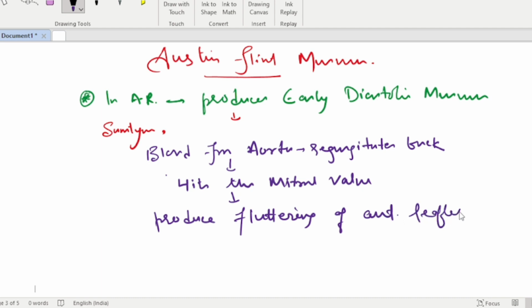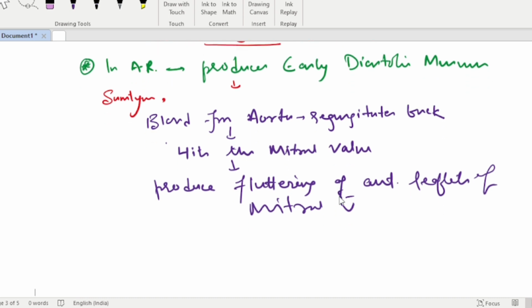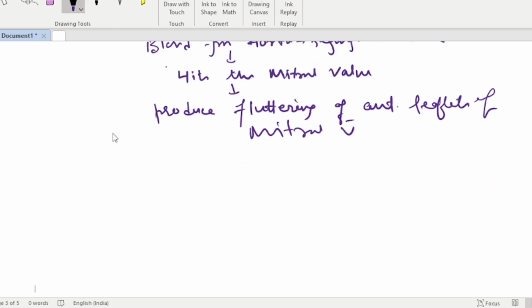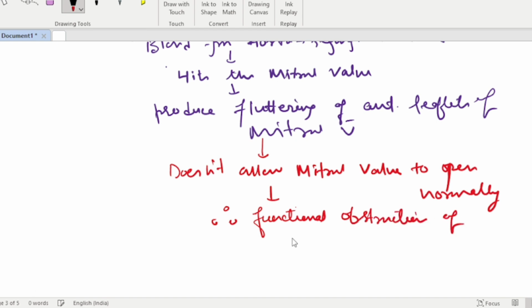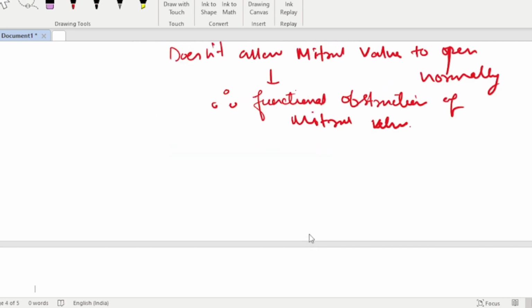Because of this fluttering, the mitral valve is not allowed to open normally, and therefore it produces functional obstruction of the mitral valve.